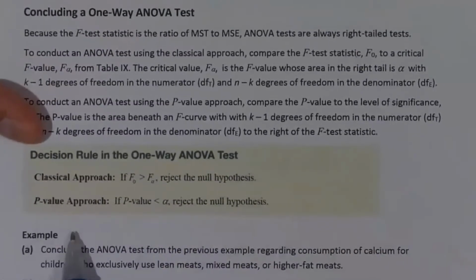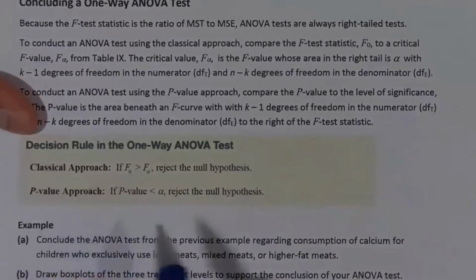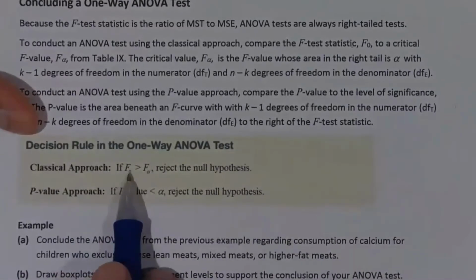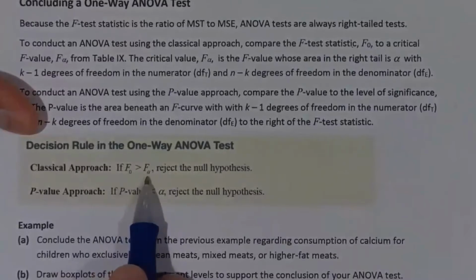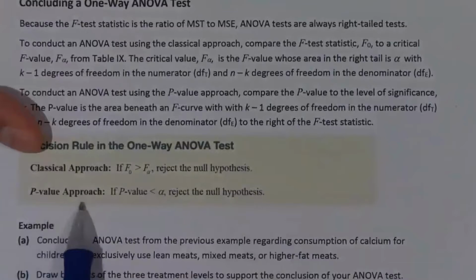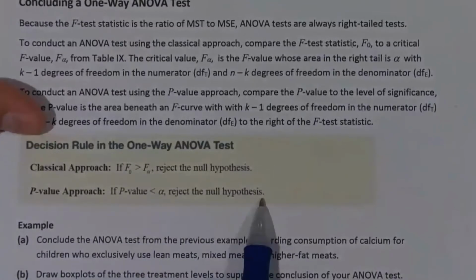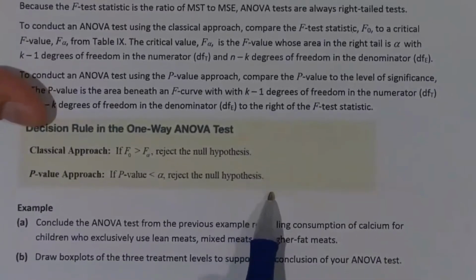And then our decisions, like normal when we do a hypothesis test. The classical approach, since this is a right-tailed test, if the F-test statistic is bigger than the critical value, we're going to reject the null hypothesis. If we use the p-value approach, if the p-value is smaller than alpha, then we're going to reject the null hypothesis.